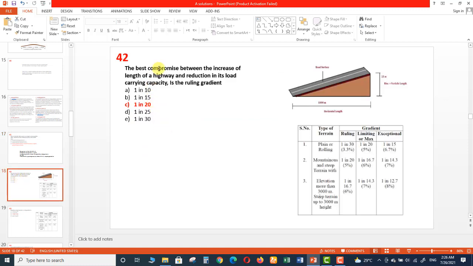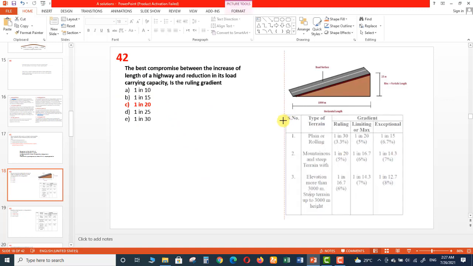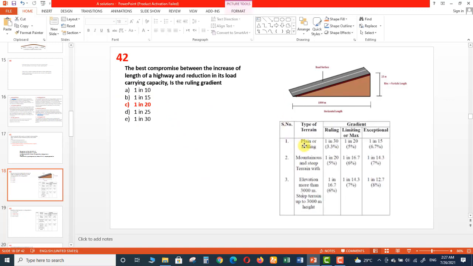Next question is the best compromise between the increase of length of a highway and reduction in its load carrying capacity in rolling gradient. Again, in this question, these are the options, and we have a table which shows us the type of different terrains and gradients for different types of gradients, like rolling gradient, limiting or maximum gradient, or exceptional gradient.